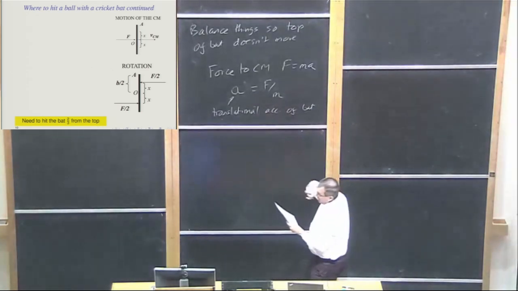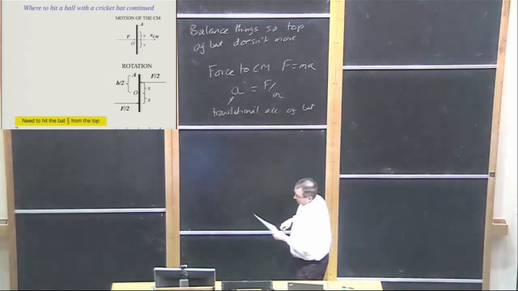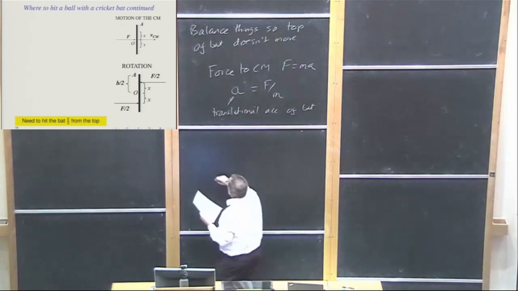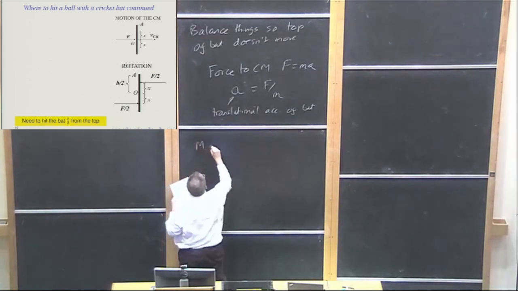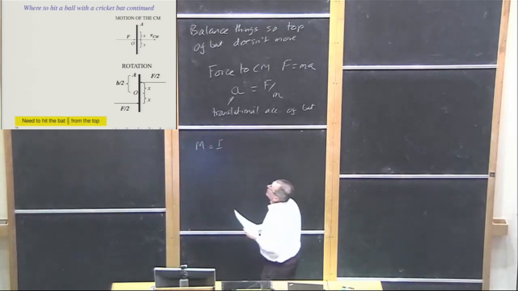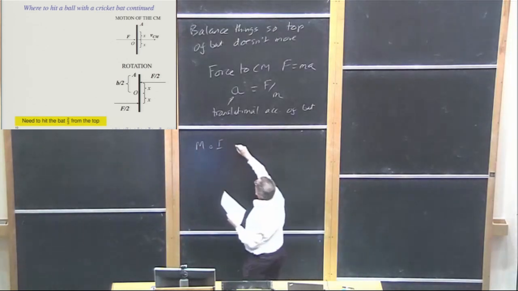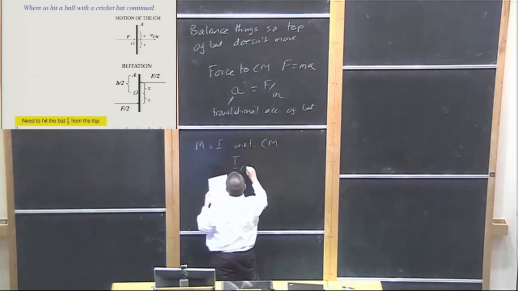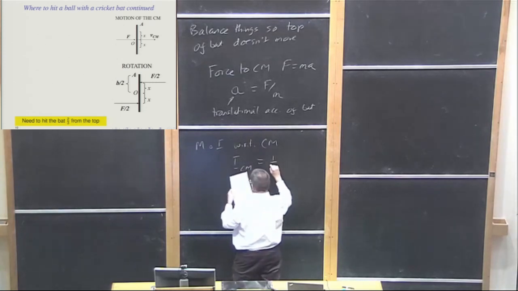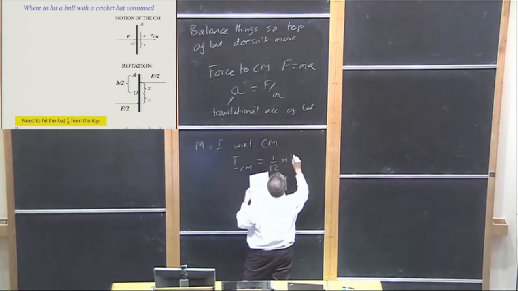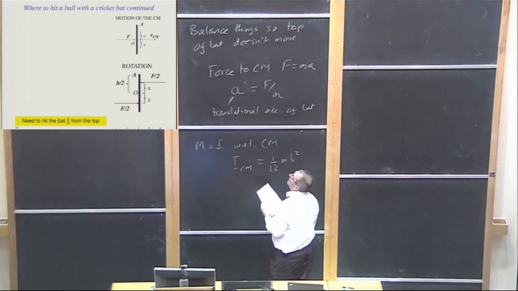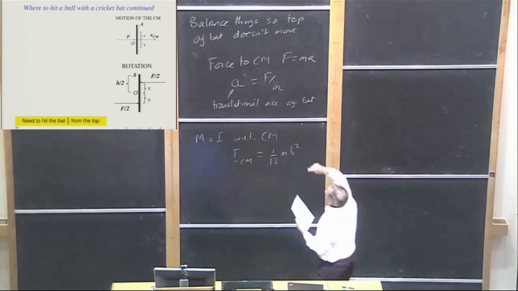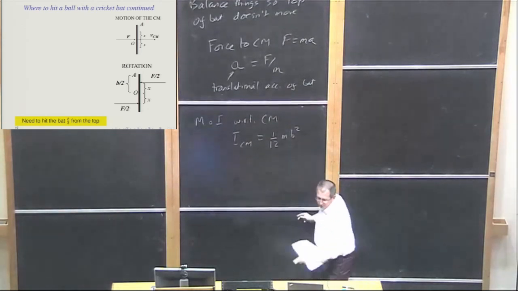Now what about the rotational motion? It's going to be useful to know the moment of inertia of this object. We calculated such a thing yesterday. The moment of inertia with respect to the center of mass is given by one twelfth m b squared, where b is the total length of the bat. I should have put it on the figure, but it's too far away now.